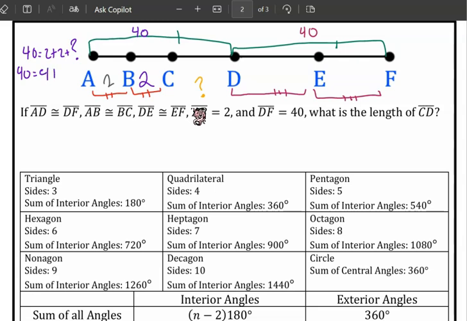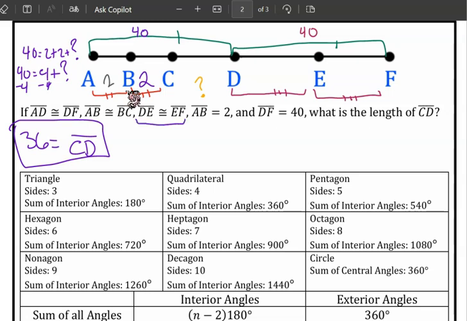Subtract the 4. 36 is going to equal that something, that CD. Looking back at this would be considered additional information.